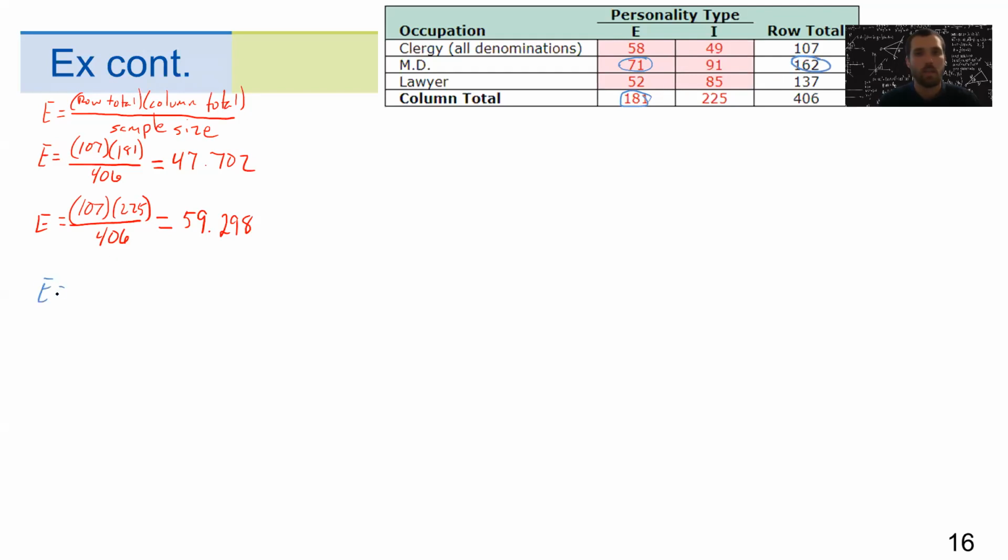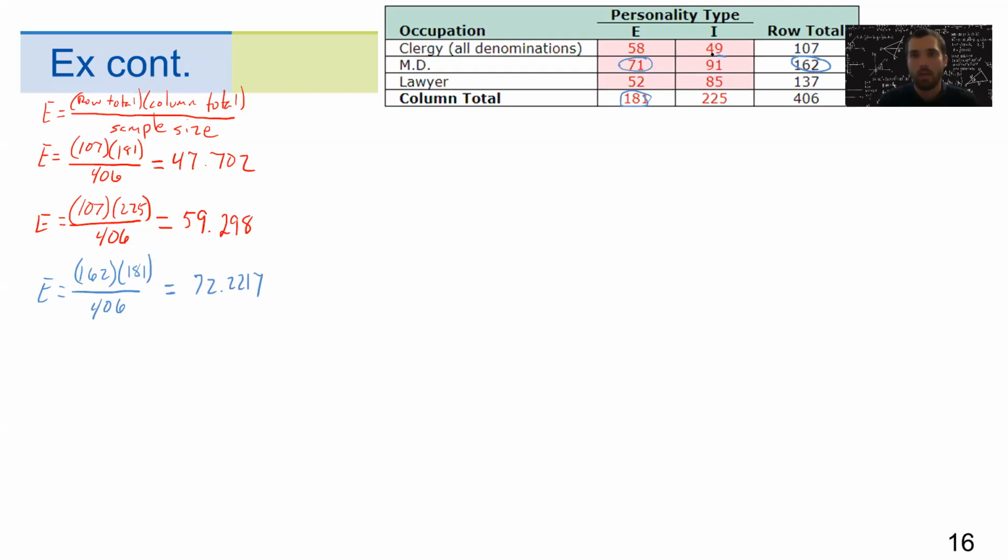So E is going to equal 162 times 181 divided by 406. And that is approximately 72.2217.